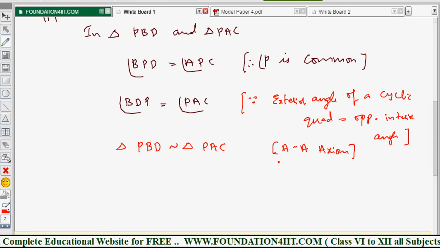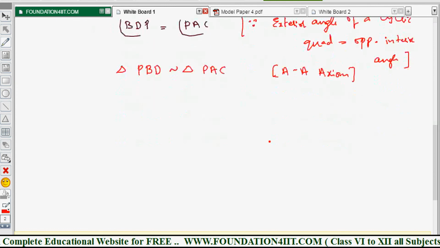Now whenever two triangles are similar, the ratio of the areas of these two triangles is equal to the squares of the corresponding sides. We know that. Then we can write the statement. Therefore, area of triangle PBD by area of triangle PAC, the ratio of the areas of both similar triangles, is equal to the squares of the corresponding sides.